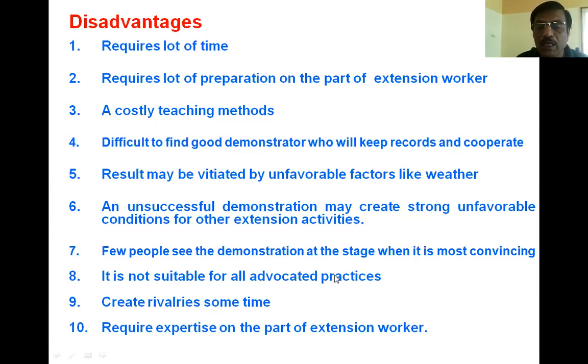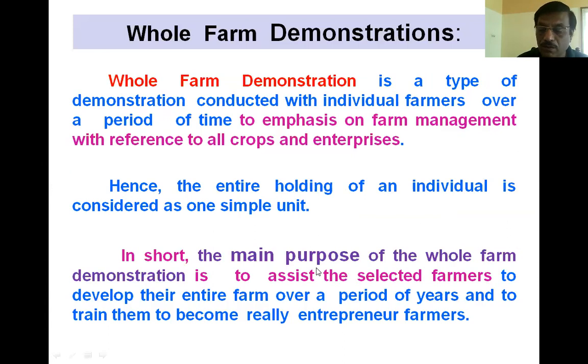In the case of variety, you can show the pod size, height of the plant, uniformity of the plant, and resistance of the plant to disease. They are clearly visible. Whereas in the case of seed treatment with chemicals or rhizobium, you cannot prove the results.